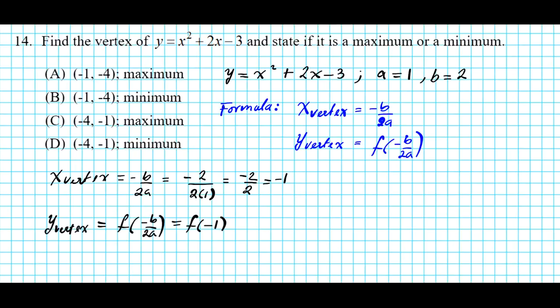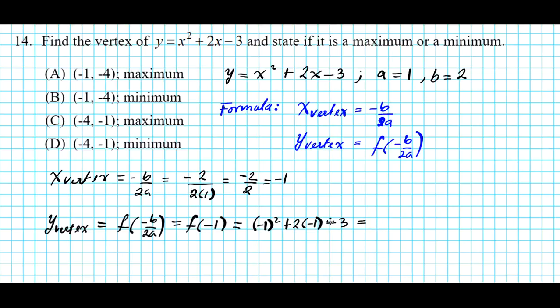This expression simply means you're going to evaluate this function at x equals negative 1. Substitute negative 1 for all the x's. Let's go ahead and do it. If we carry out the substitution, we'll have negative 1 squared plus 2 times negative 1 minus 3.